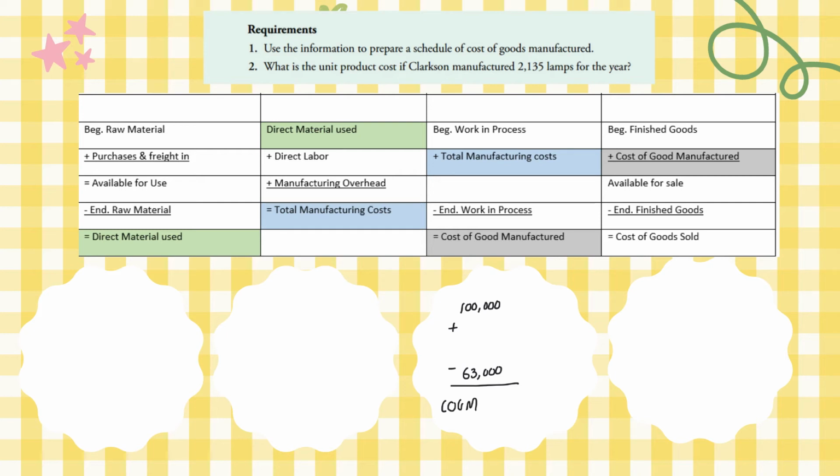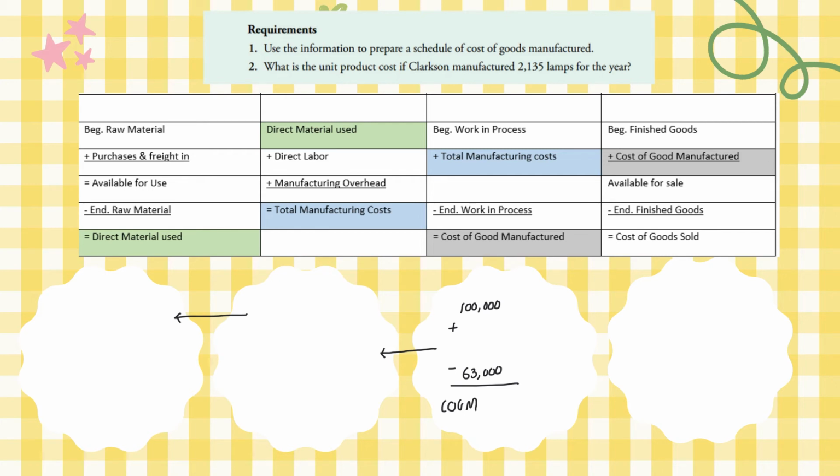Now, total manufacturing cost is not given, so I'm going to go back and find it. Direct materials used plus direct labor plus manufacturing overhead. Direct materials used, again, is not given, so I need to find it.